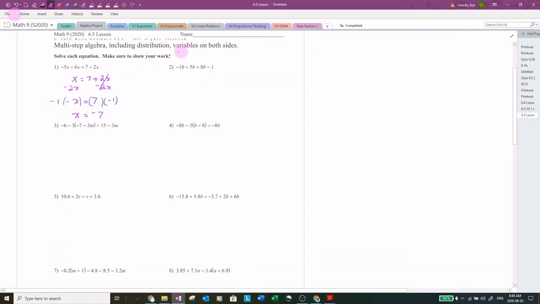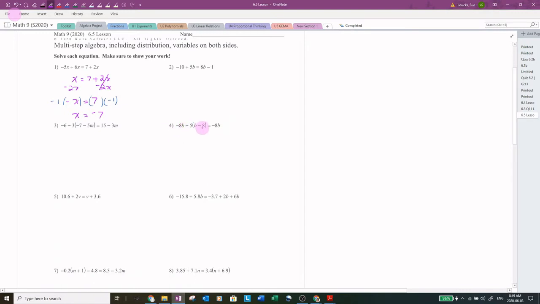There we go. Okay. I'm going to do number 4 as well, and I'm going to do number 4 two different ways, just to show you there are multiple ways to do all of these questions. So usually the plan is to clean up the left side, clean up the right side.